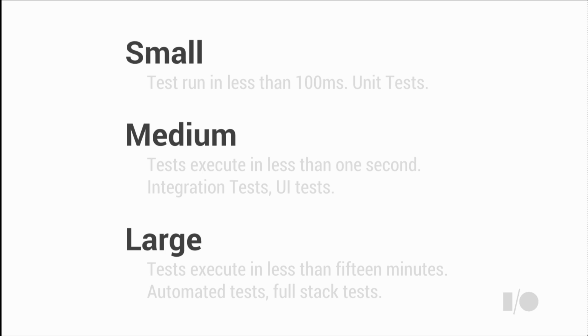Then we have medium tests. Medium tests execute in about a second. And these are UI tests, integration tests, things that still run pretty quickly, but they're a little bit more complex. Then we have large tests, right? These things can take up to 15 minutes. They're insane. We have full stack tests. Maybe they're performance tests. And largely, they're automated tests. So what are these?